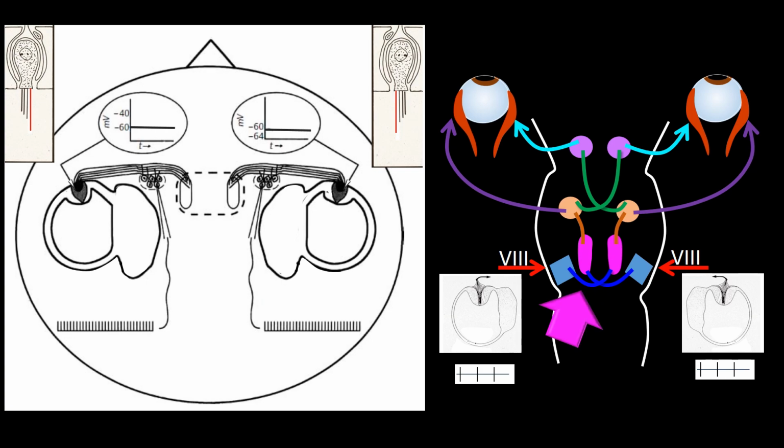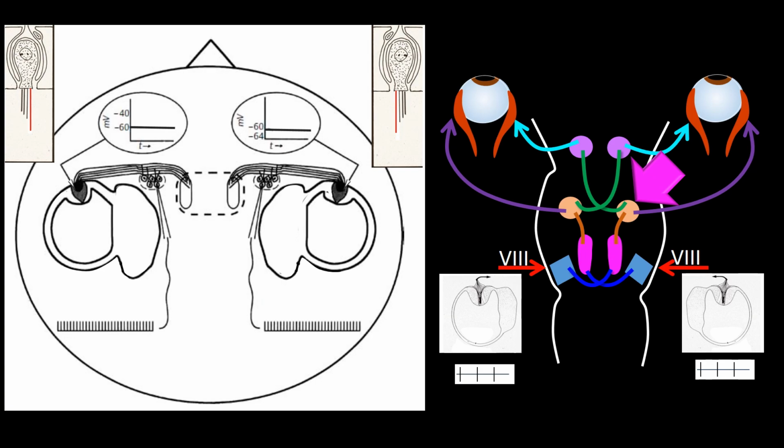The dark blue lines represent the connection of the vestibular nucleus with the contralateral parapontine reticular formation, the organizer of lateral eye movements. The brown line connects the parapontine reticular formation and the ipsilateral 6th cranial nerve nucleus.